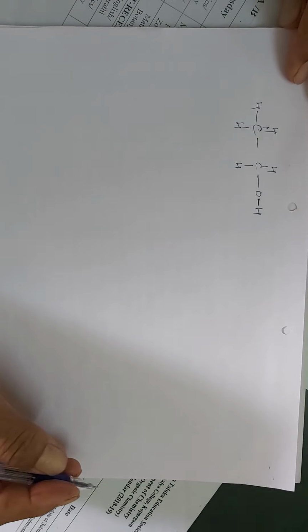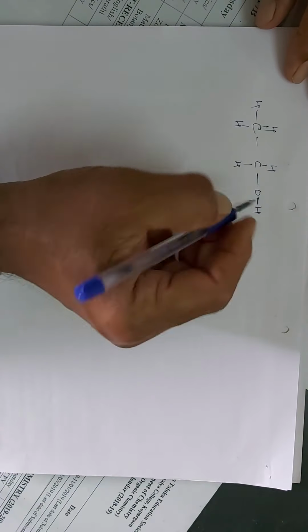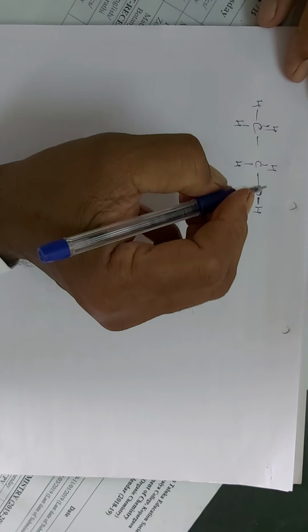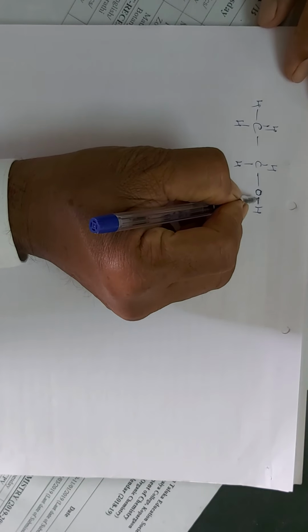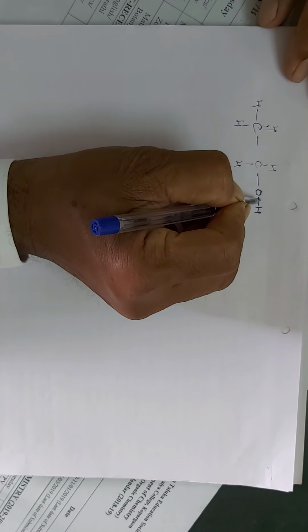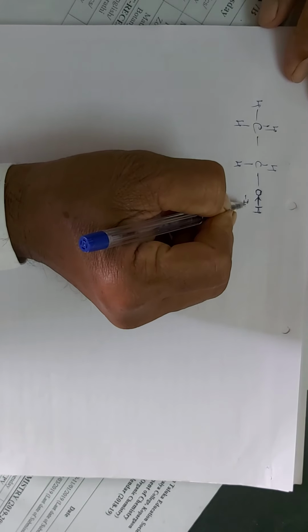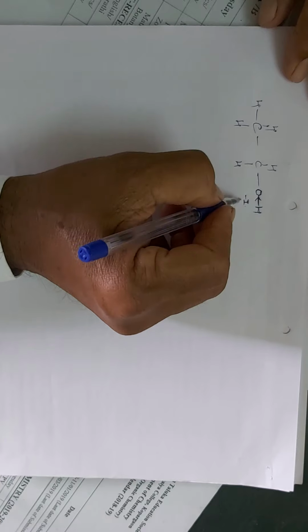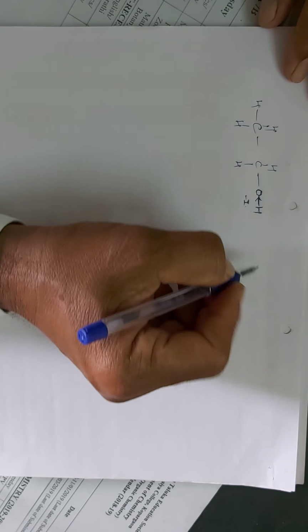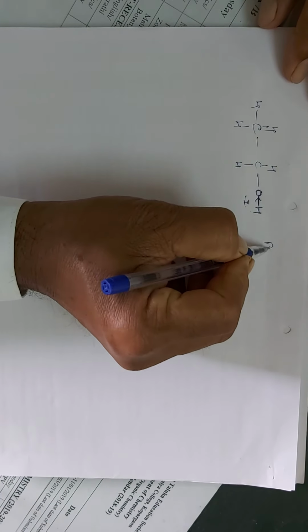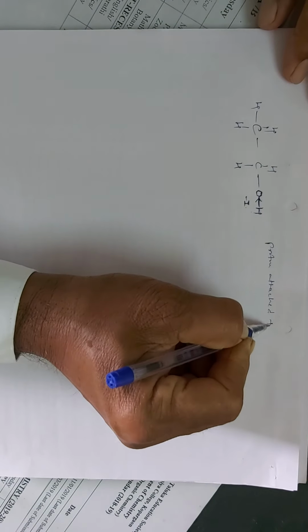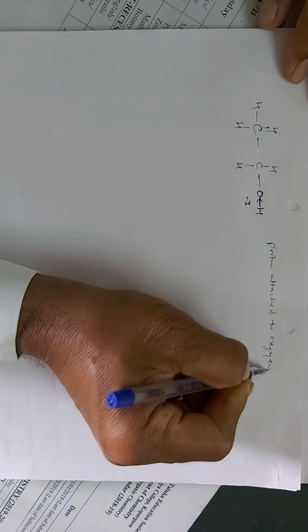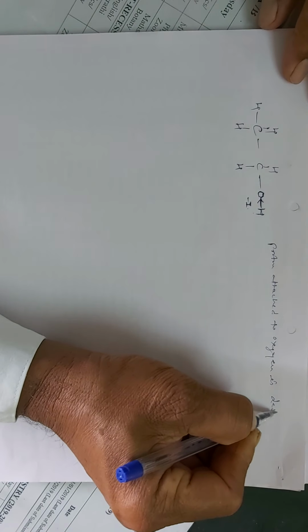Now see, if we are going to classify these protons, this proton is attached directly to the oxygen, and oxygen is electronegative and so strongly attracts the electron density, and due to this electronegativity it exerts a minus I effect. And so the proton attached to oxygen is deshielded.